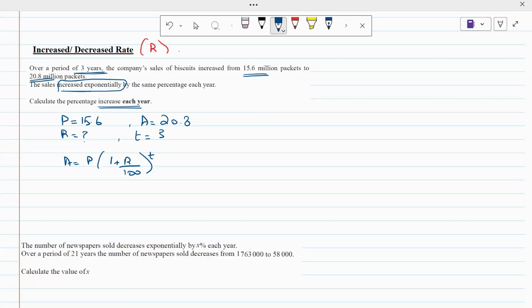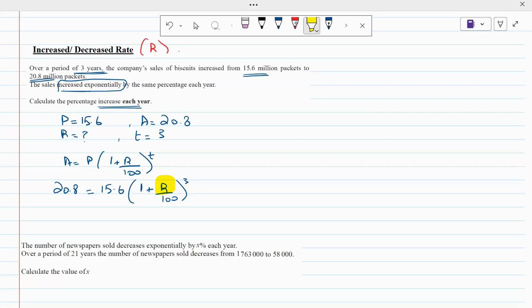So we have the A given to us, which is 20.8. We have the P given to us, that is 15.6. 1 plus R is something we need to find, whole power 3. So we are interested in finding this variable, which is locked inside the cube. And to get this variable outside the cube, you have to cube root. That's one simple rule.